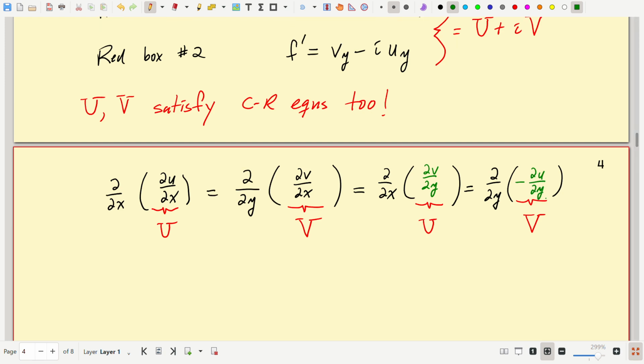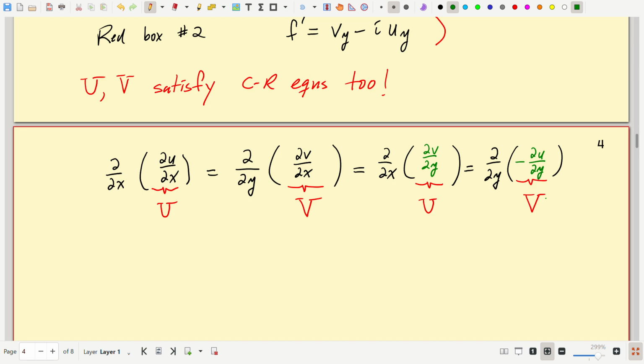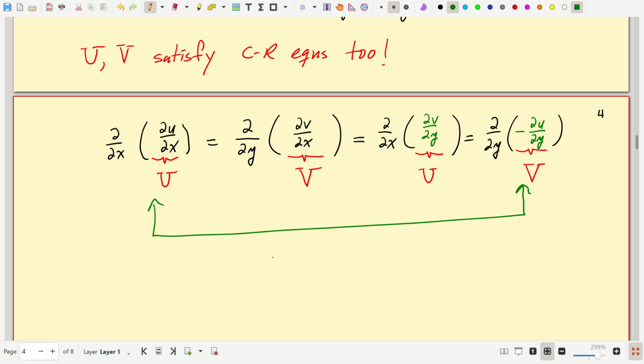Let's see, which one of these is going to give me the... there it is. When I put these two together, this one and this one, this shows me that du dx dx equals minus du dy dy.